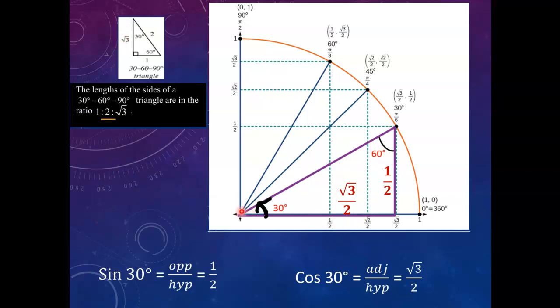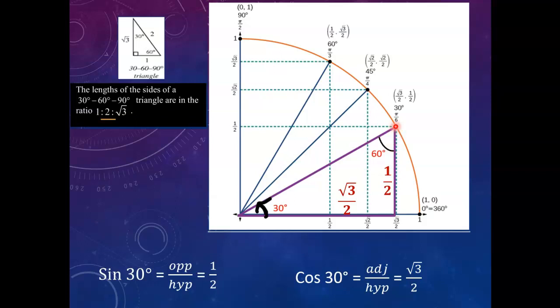And of course, this hypotenuse, which used to be 2, becomes 1 because it's inside the unit circle. So now, this side of the triangle is square root of 3/2 long, and this side is 1/2 unit long.